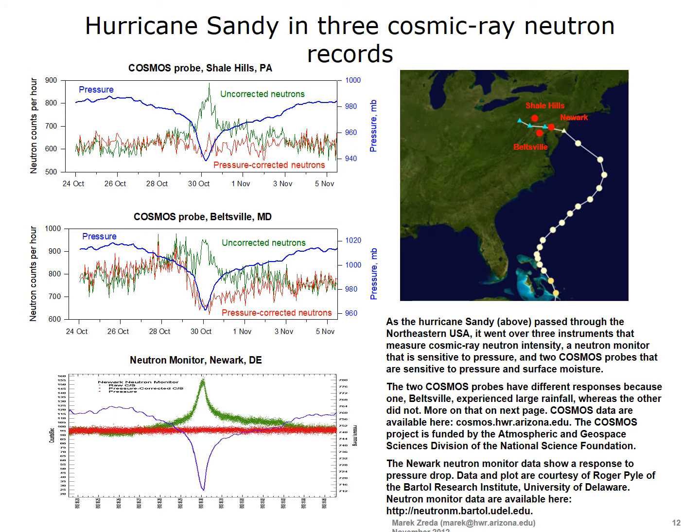That is the center of Hurricane Sandy passing over. This is the record of the pressure variation from day to day. So the center of a hurricane is the lowest pressure.